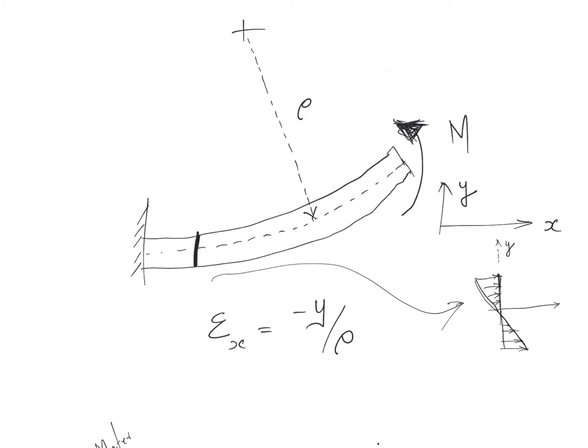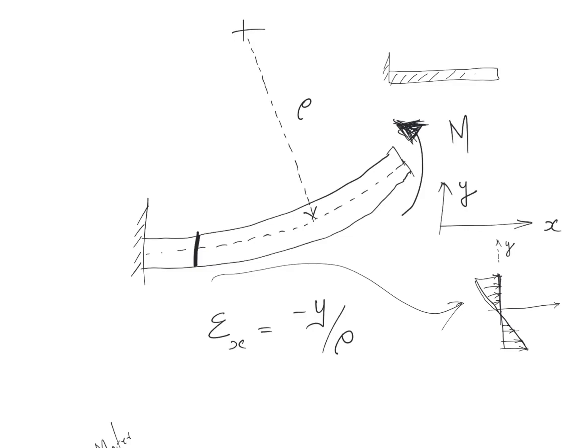If you had a very straight beam, then your radius of curvature is infinity. But once you put a bending moment on the structure, the beam deforms, and each section will have a definite value for the radius of curvature. It may change from point to point, but assume that a particular section has a radius of curvature rho, then this is how the axial strain at that section varies with respect to your y coordinate.